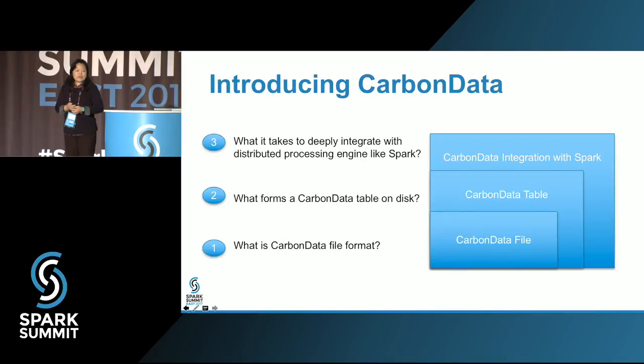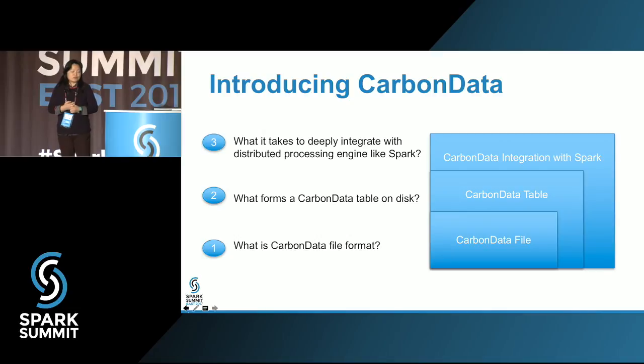So now you may be wondering what exactly is Carbondata. To make it a little easier for you to understand, we're going to explain it from 3 different angles. First, we're going to start with the Carbondata file format, how Carbondata files are structured and laid out on disk.